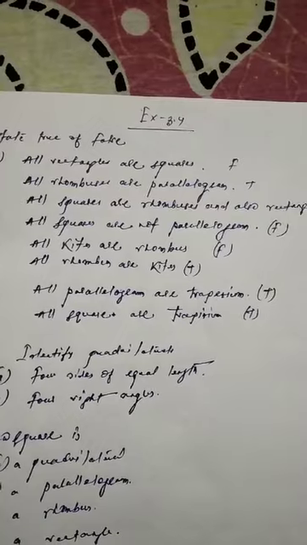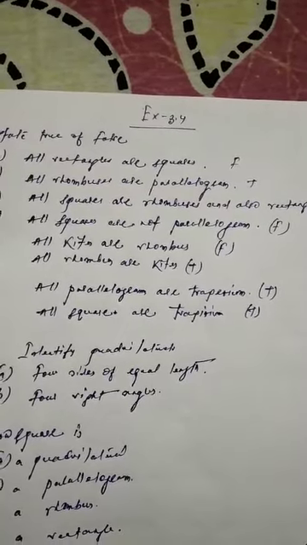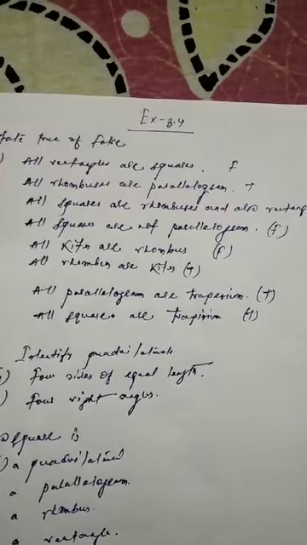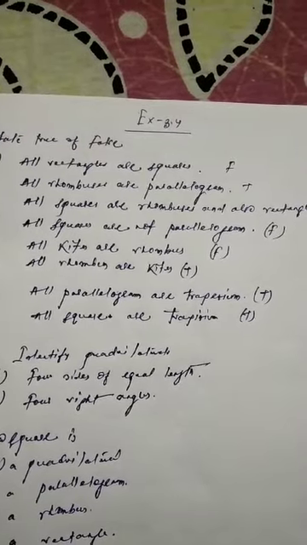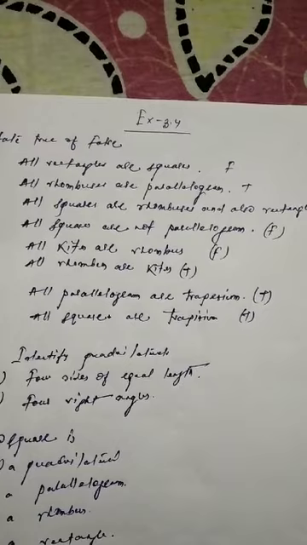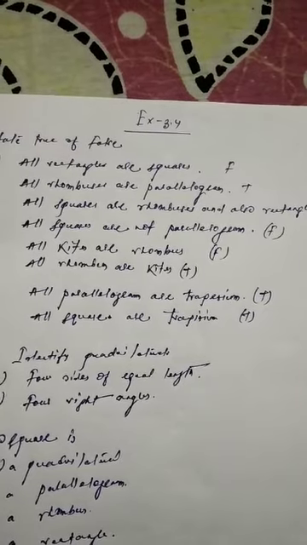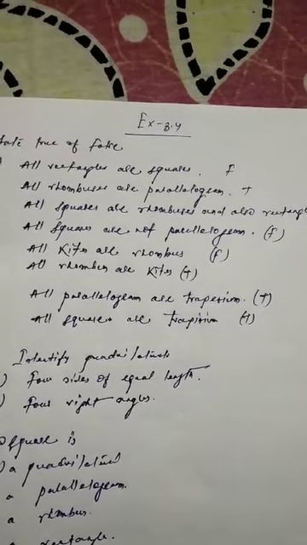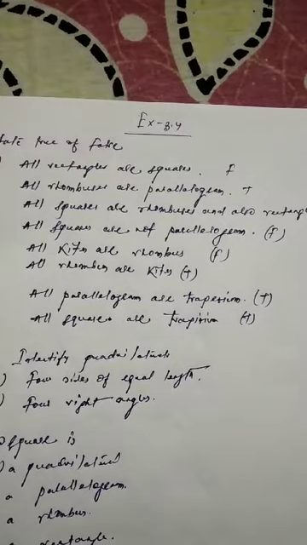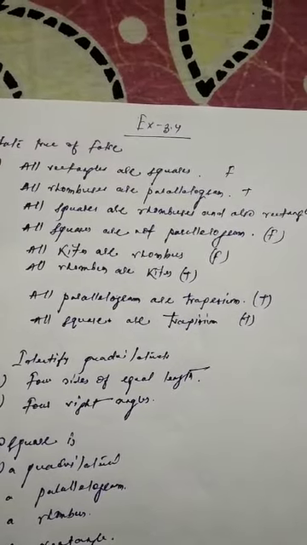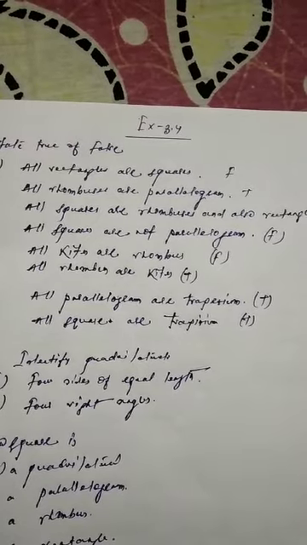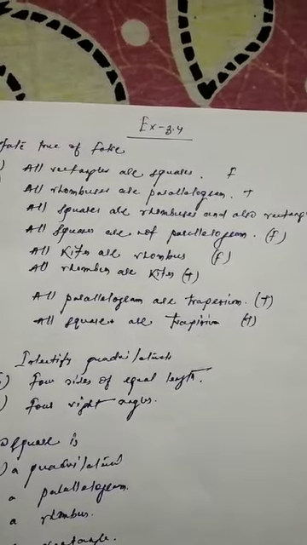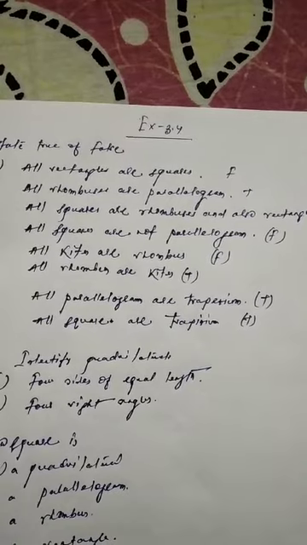How do squares match with rhombuses? That is a very important thing. Let us go through the properties of squares and rhombuses. In a square, all four sides are of equal measure; rhombuses also have all sides of equal measure. In both, opposite sides are parallel and opposite angles are equal.